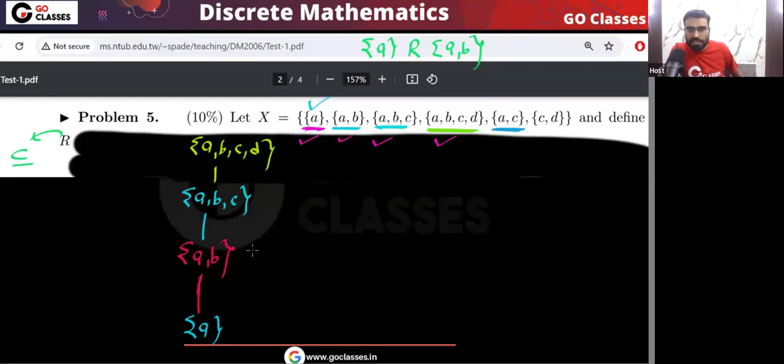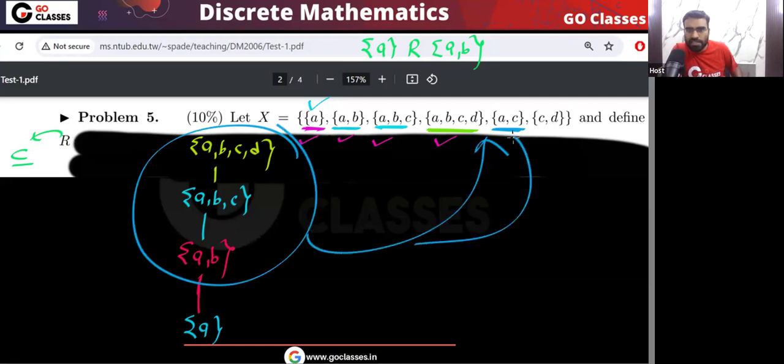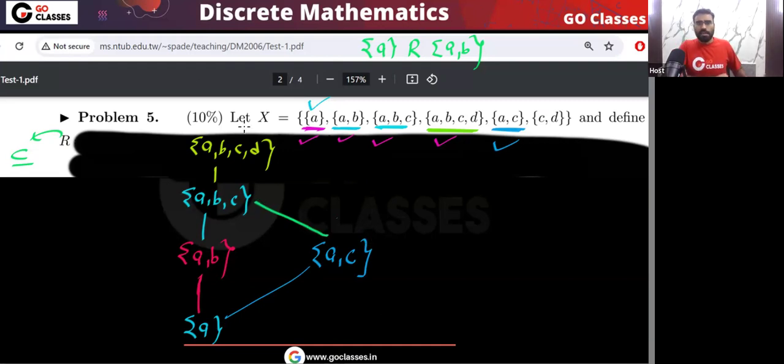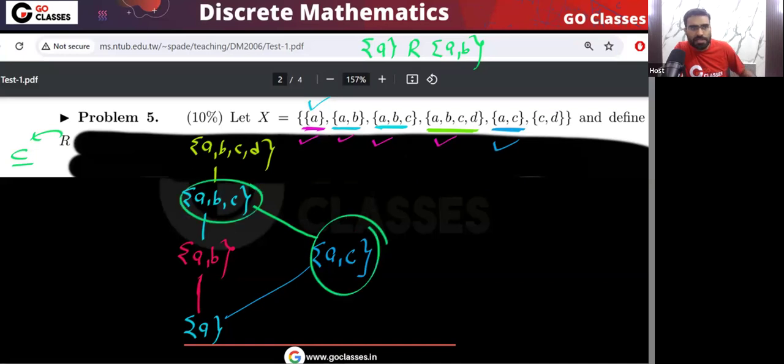Now, where to put AC? You can see that AC and AB are incomparable. But I can say A is a subset of AC. Also, AC will be related to ABC, because AC is a subset of ABC.